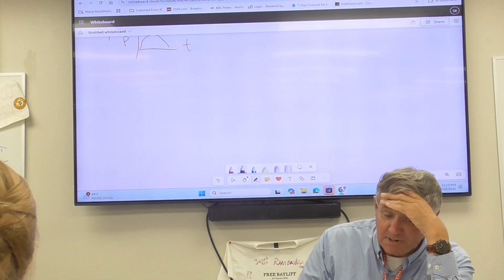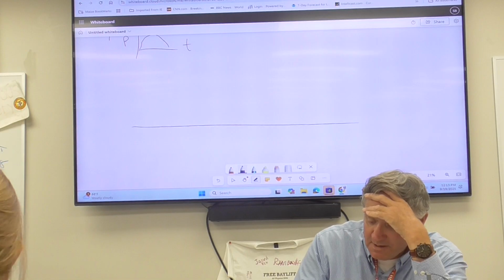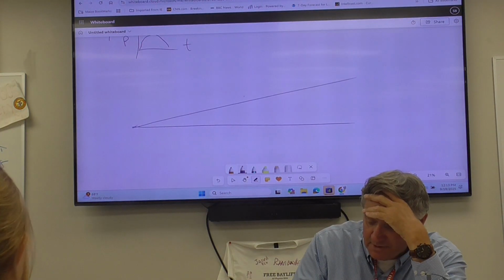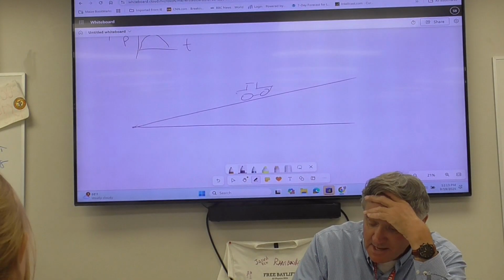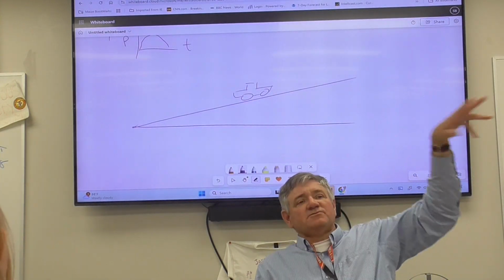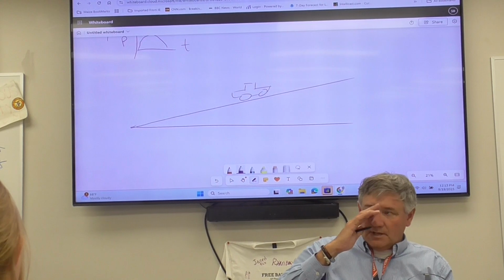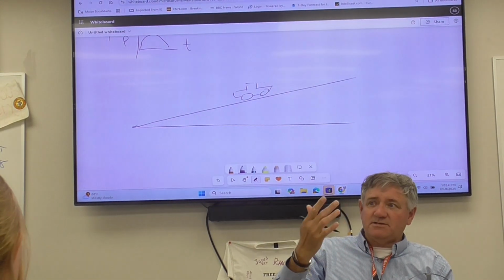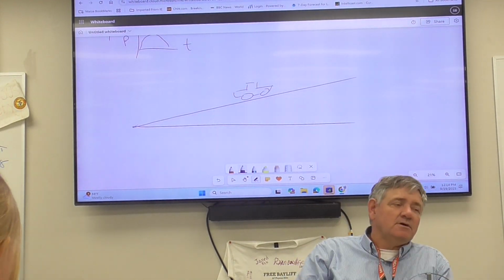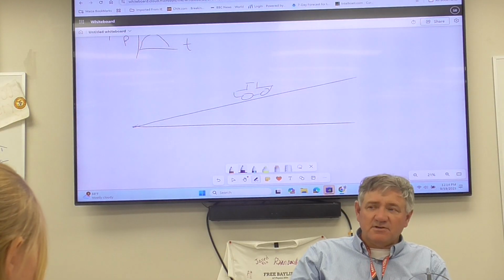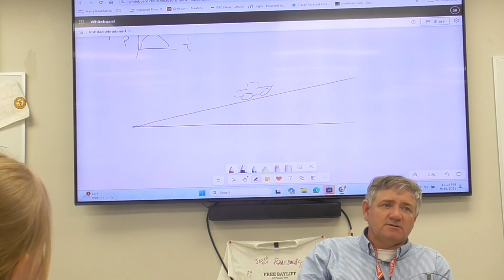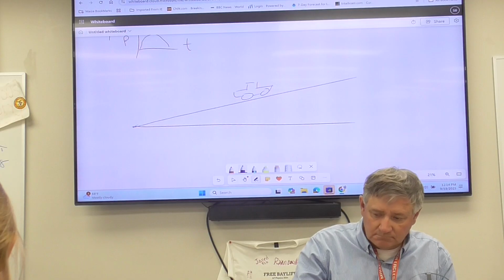Some application problems, okay? So let's say I give you a hill and a car. I tell you that the car is rolling down the hill and it's speeding up, and I ask you to draw velocity vectors. What would the velocity vectors look like and how would they change? Same direction as the acceleration vector.